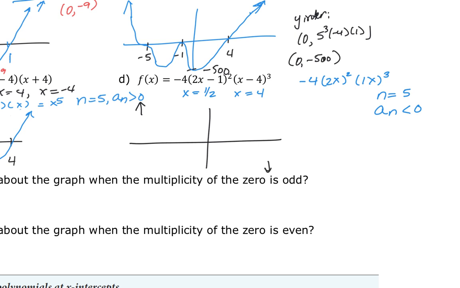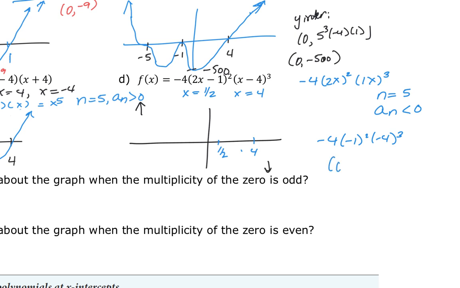I need to find my y-intercept in a minute. I have a +1/2 and a +4. For my y-intercept, if I put in 0, I'm going to have -4 multiplied by -1 squared multiplied by -4 to the 3rd. Well, the -1 squared is going to be a +1, and so you're going to have a -4 times a -4 to the 3rd, so you have a +4 raised to the 4th power, because the negatives cancel out.